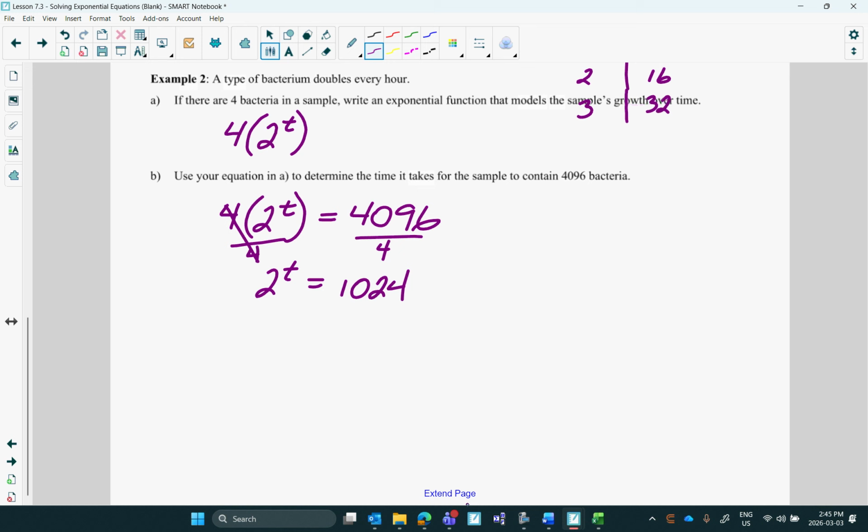There you go, 10 hours. Or just play around with it on your calculator until you get it right. It wouldn't take you long. Because if you tried 2 to the 8th, you'd see that you were a little less, but you were close.